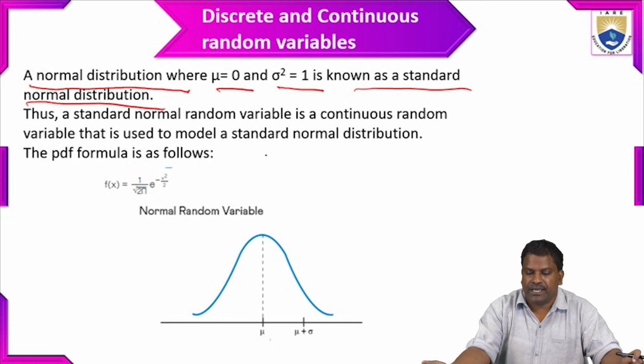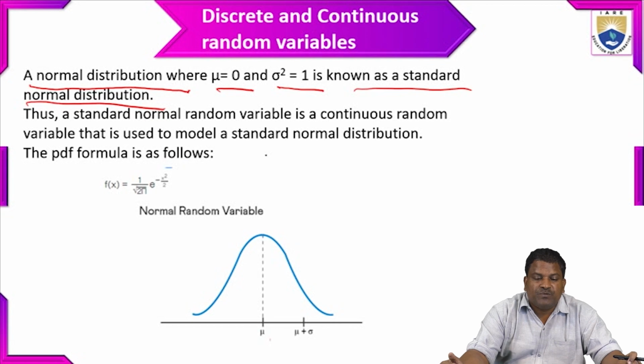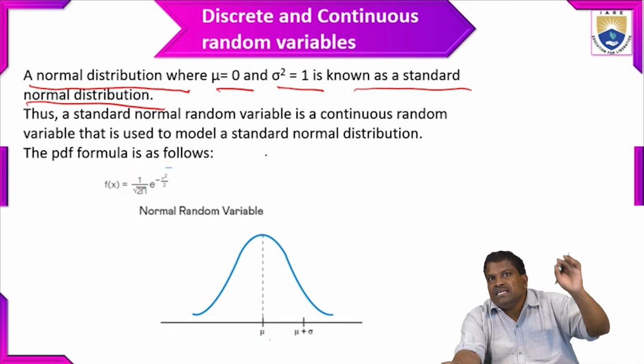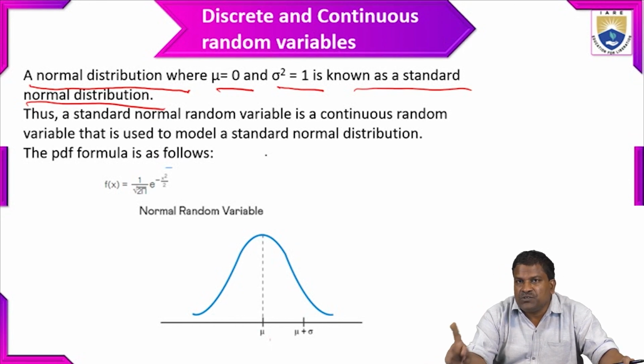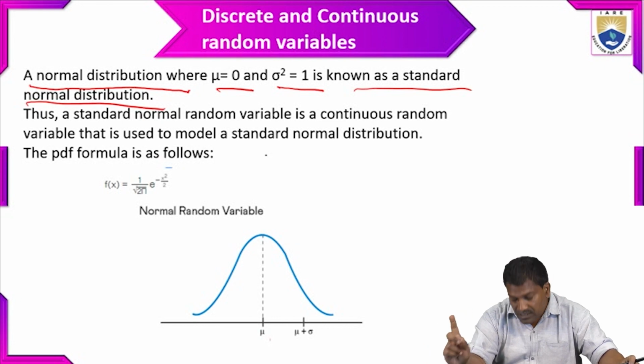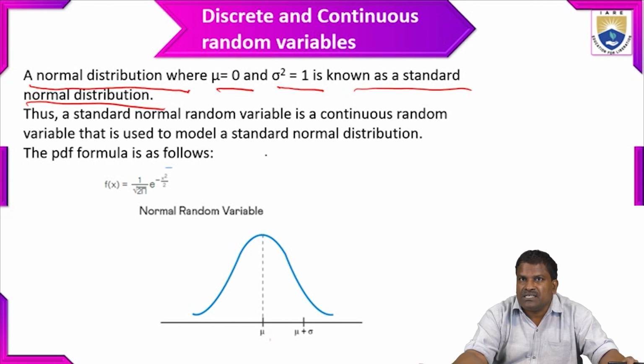So when do we say a normal distribution is a standard normal distribution? Two conditions are there. Mean should be 0. Variance sigma square is 1. These are the two conditions.